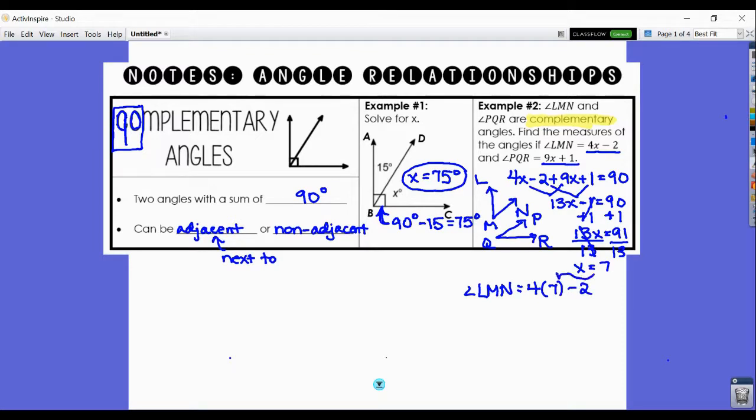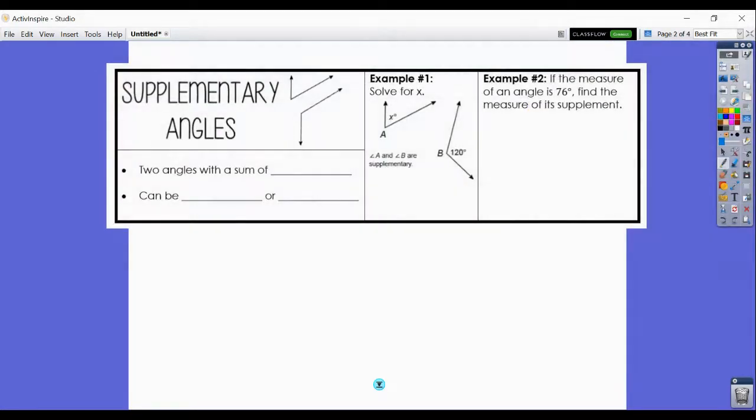That gives me 26 degrees for angle LMN. Now for angle PQR, again, plug in where you see x, 7. 9 times 7 plus 1 is going to be 64 degrees. That is how we work with complementary angles.